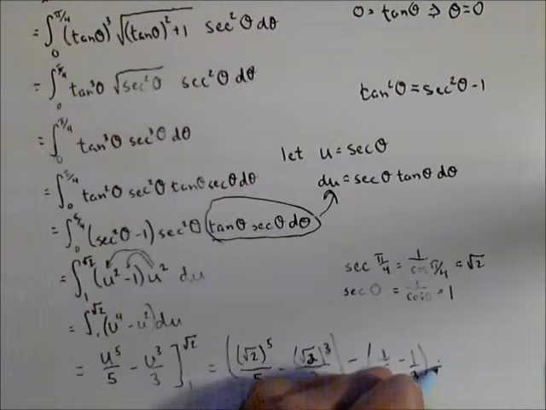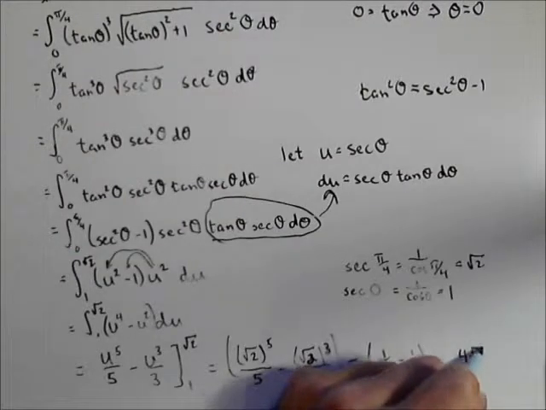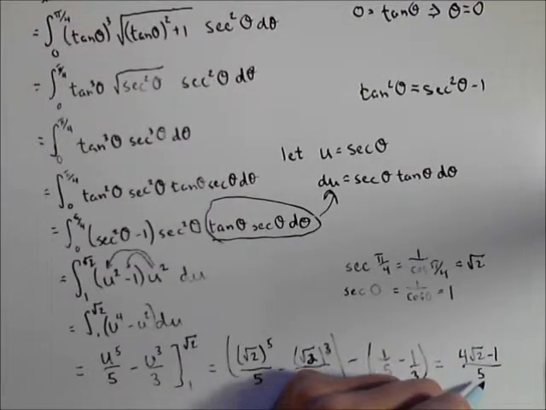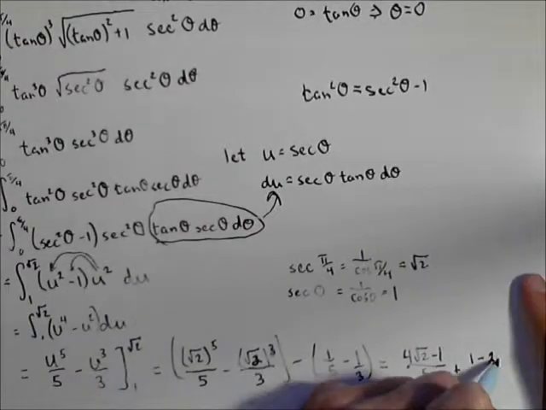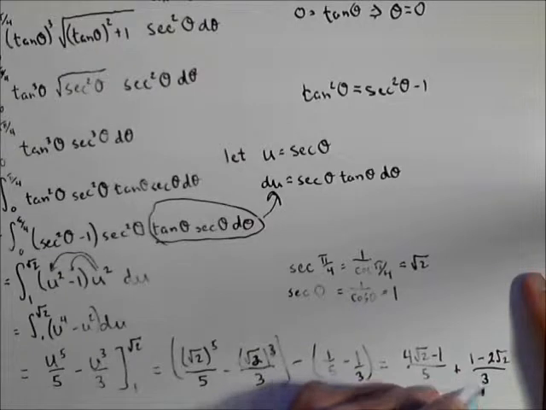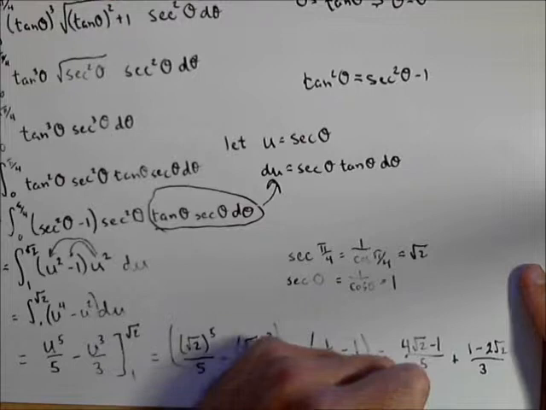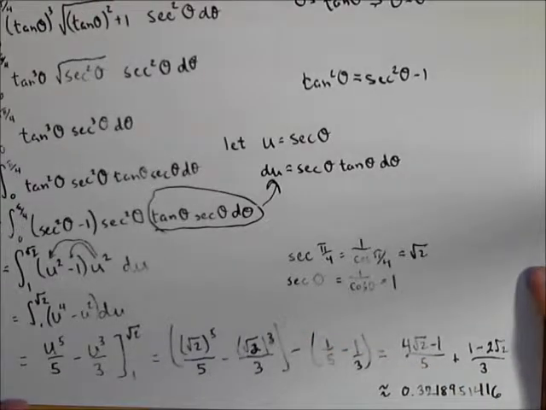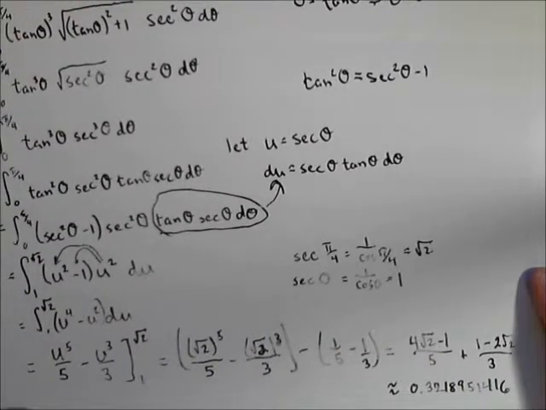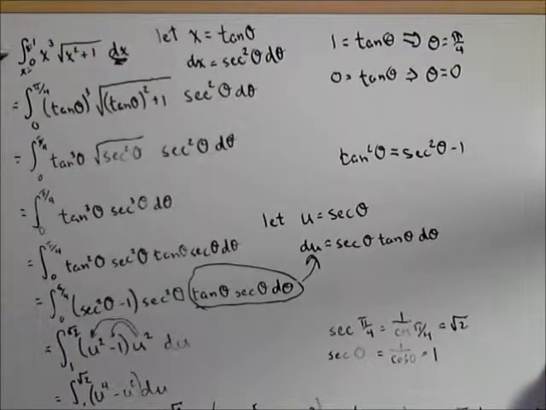We can match up some like terms and get this thing down to 4 rad 2 minus 1 over 5 plus 1 minus 2 rad 2 over 3. Or if you wanted to see it as a decimal, it's approximately 0.3218951416 if you wanted to compare it with a calculator. So that's one way of handling it when you have a definite integral that involves tangent in a u sub.